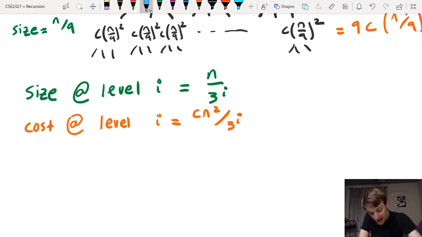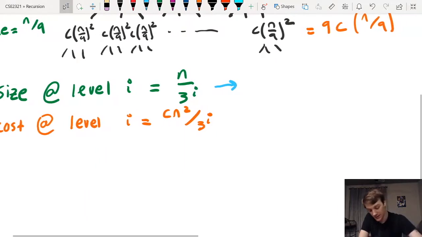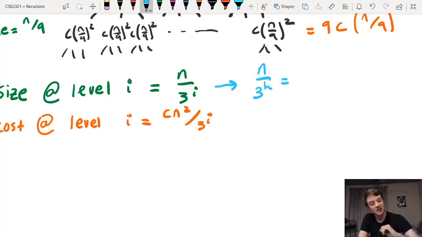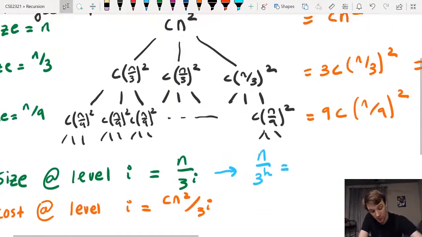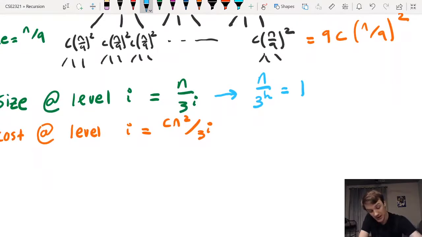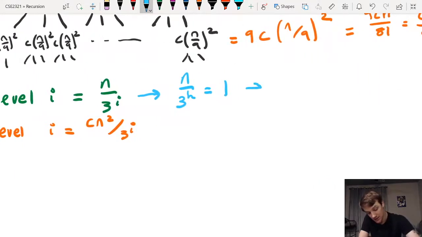We want to use the size at each level to compute the height. We can solve for the height by taking our expression there, n over 3 to the i. We're going to replace the i with an h and set it equal to the base case. Setting equal to the base case, which again is 1, gives us n over 3 to the h equals 1. We then solve that for h and get h equals log base 3 of n.